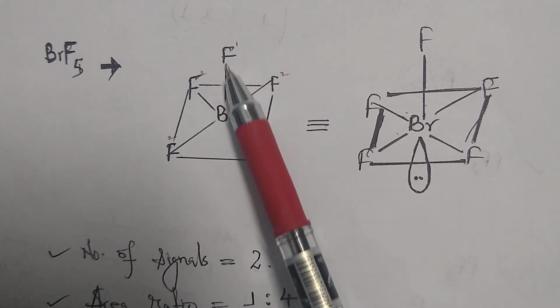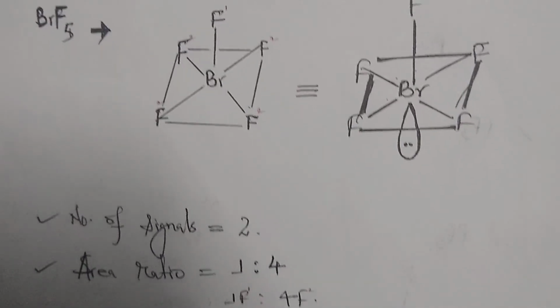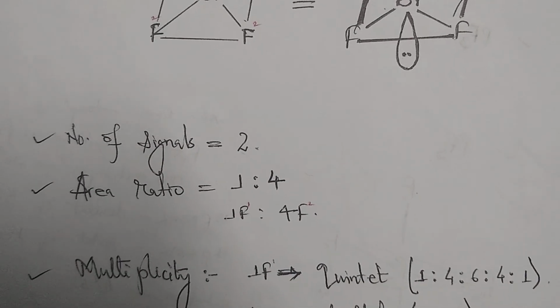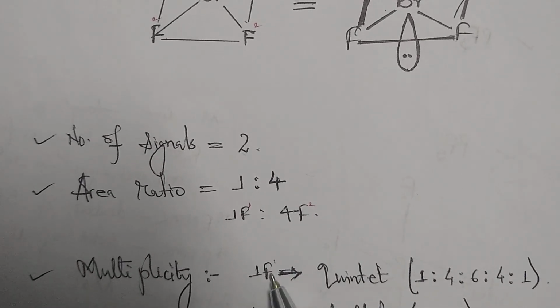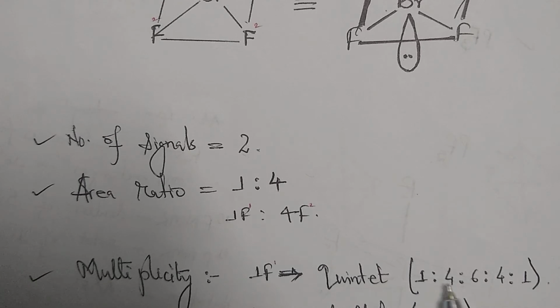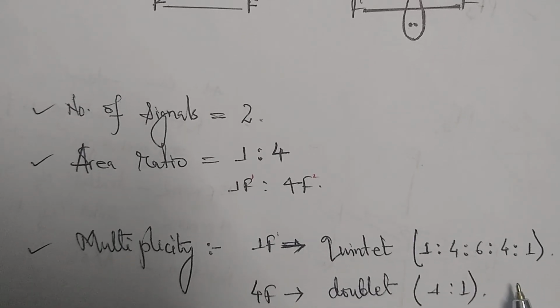So we have 2 bonds, so we'll get a 2 bond coupling constant. So with that we will get the 1 fluorine of the first type with quintet multiplicity with the intensity ratio as 1:4:6:4:1, which is given by Pascal's triangle intensity ratio.